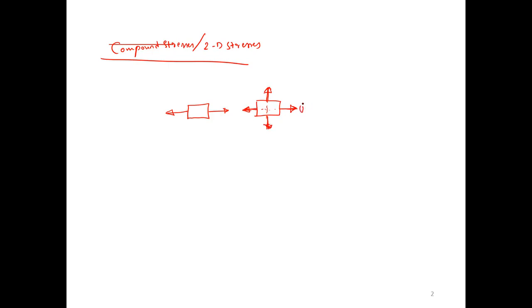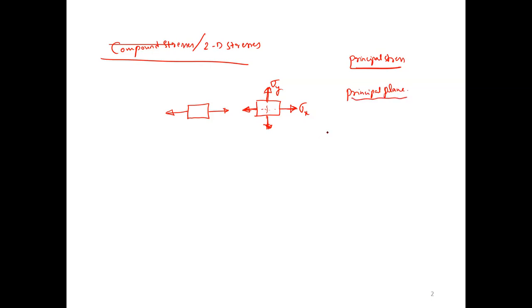This is termed sigma x and this is termed sigma y. So in a two-dimensional stress system there are different terms, such as principal stress. Before going to principal stress, we have to define the principal plane. What is meant by principal plane?